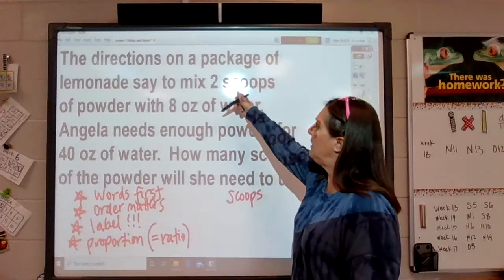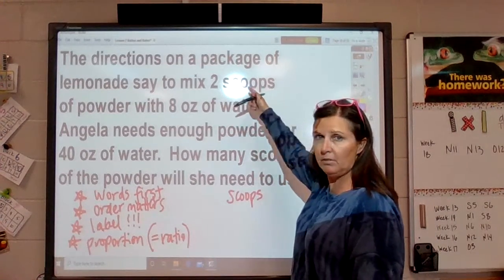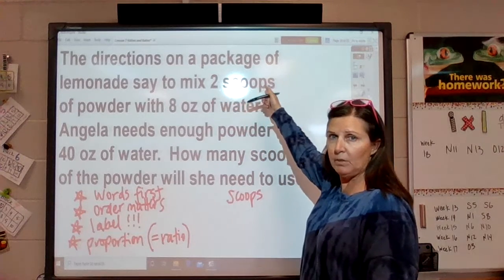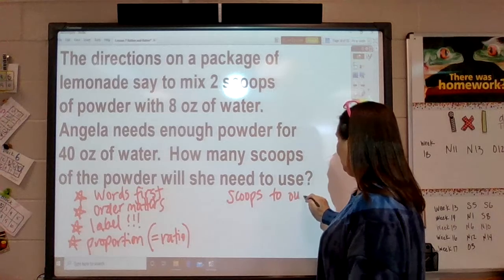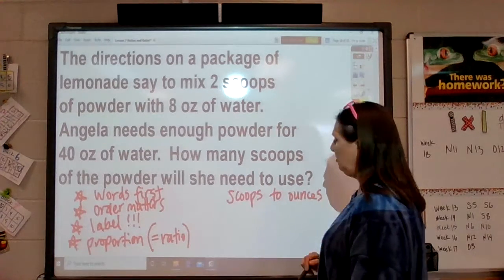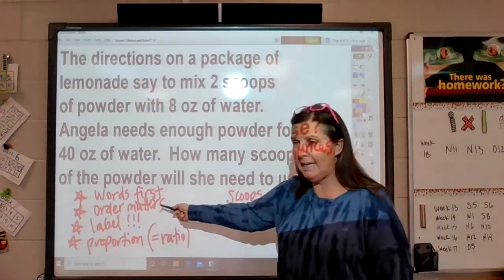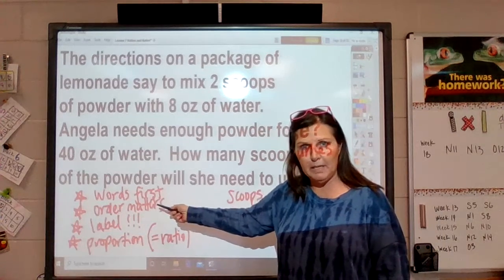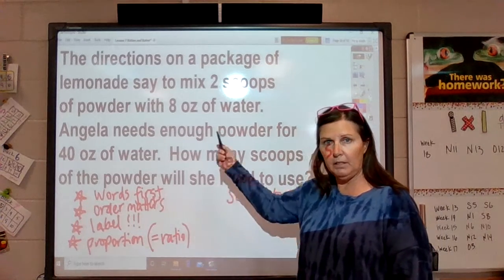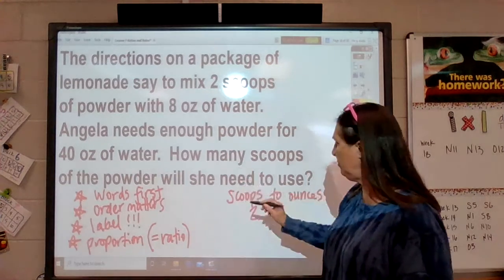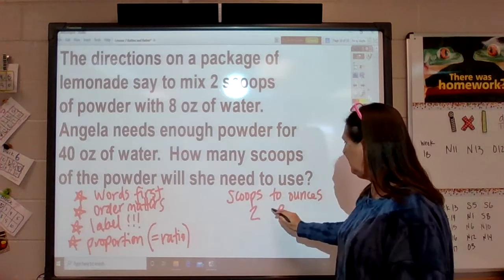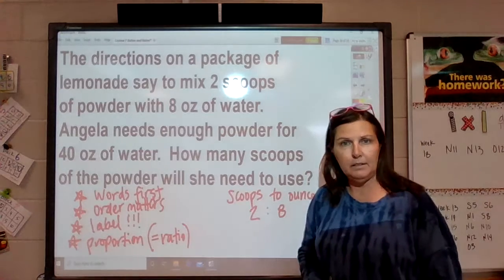I usually like to do the word that comes right after the number so I don't get confused. So we're comparing scoops to ounces for this one. Now we're going to add our amounts, remembering that order matters. So scoops would be 2, ounces would be 8, like that.